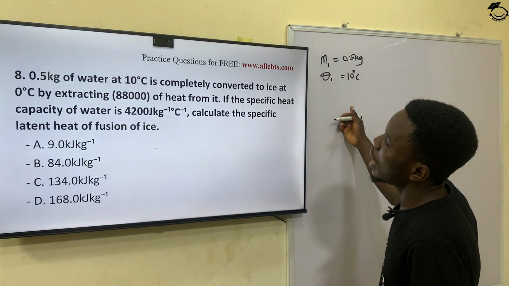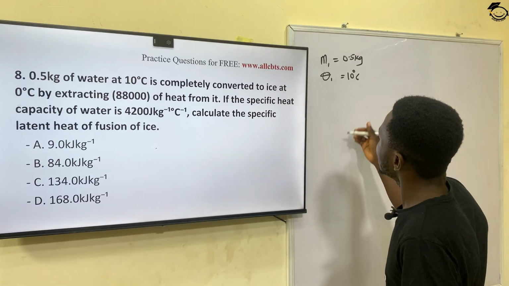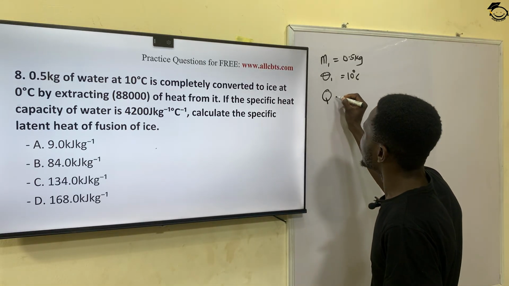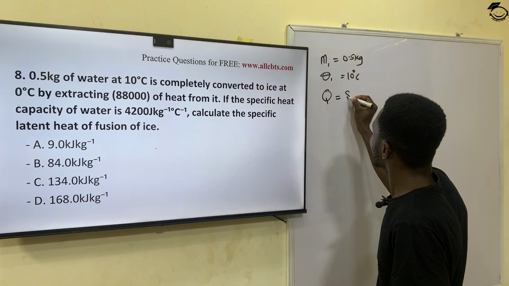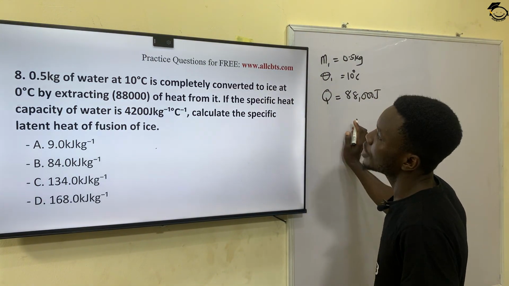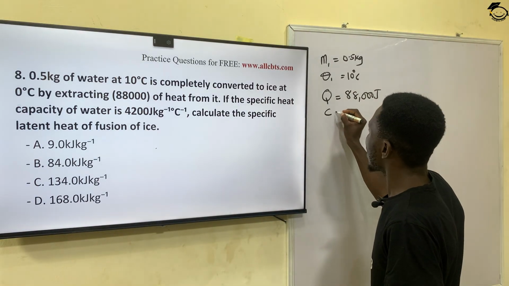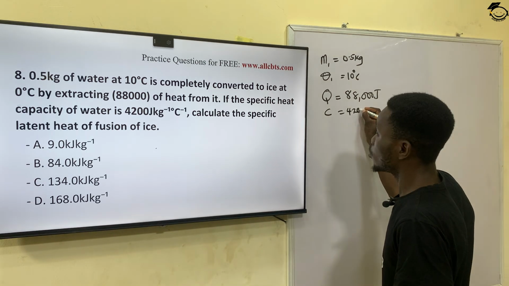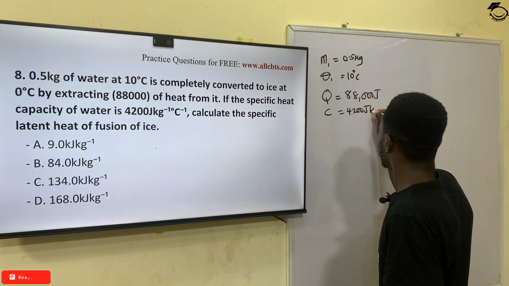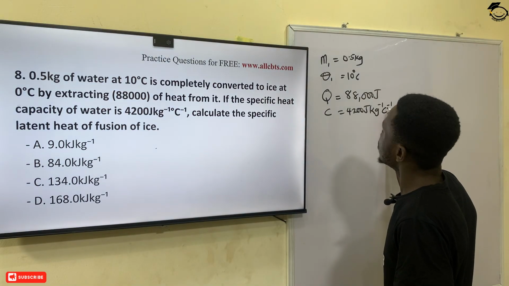Completely converted to ice at 0 degrees Celsius by extracting 88,000 joules of heat from it. If the specific heat capacity of water is, so our C of water is 4,200 joules per kilogram per Kelvin or per degree Celsius.